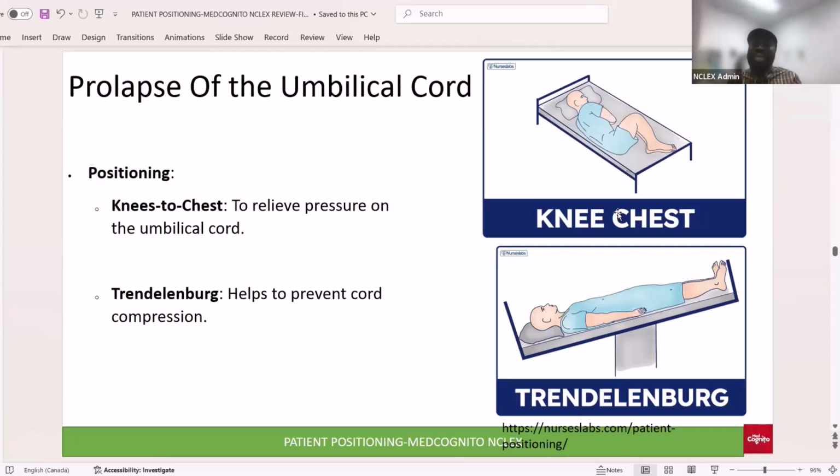Okay, so the patient's knees are flexed towards the abdomen, or you can put the patient in the Trendelenburg position, because as I said, with the Trendelenburg position, you are reducing pressure which is going from the pelvic and allowing the pressure to move towards the upper part of the body, right? Don't forget that in the Trendelenburg position, the client's head is down and the legs are up. Trendelenburg position, right? Good.